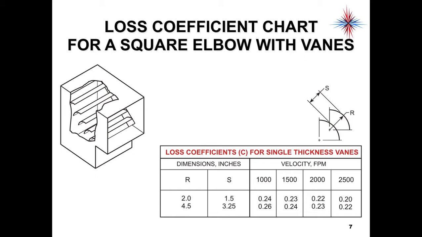We want to look at the column for 2,000 feet per minute. That's the second to the right. The coefficient is 0.23. That's our loss coefficient.